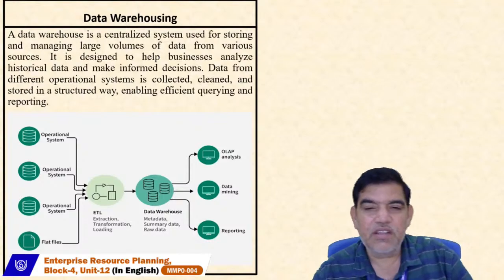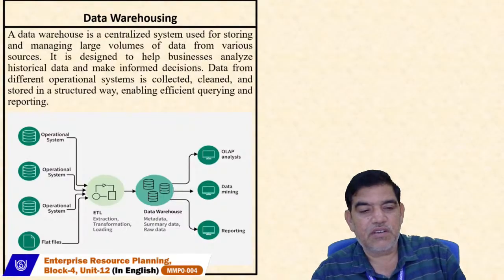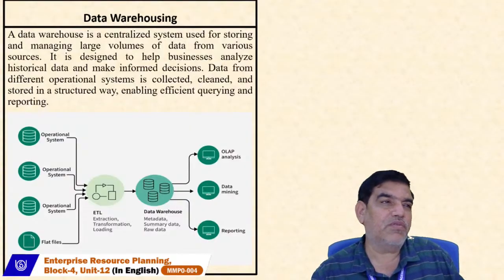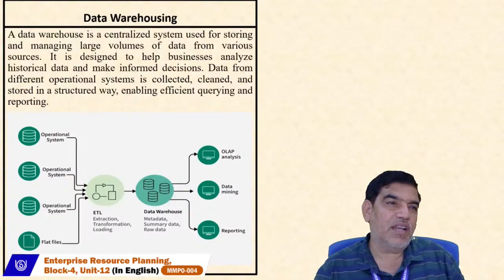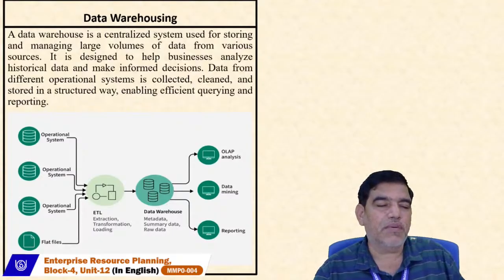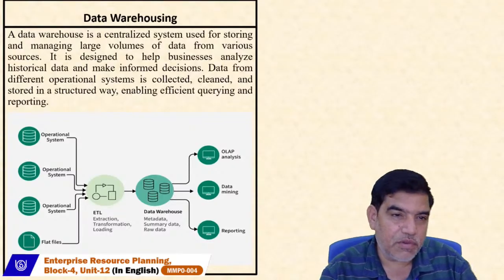So what is ETL? E for extraction, T for transformation, L for loading. Why am I explaining ETL? Because a number of stores are connected to one central server. Suppose one computer is available outside India, and their currency is, suppose, dollars.